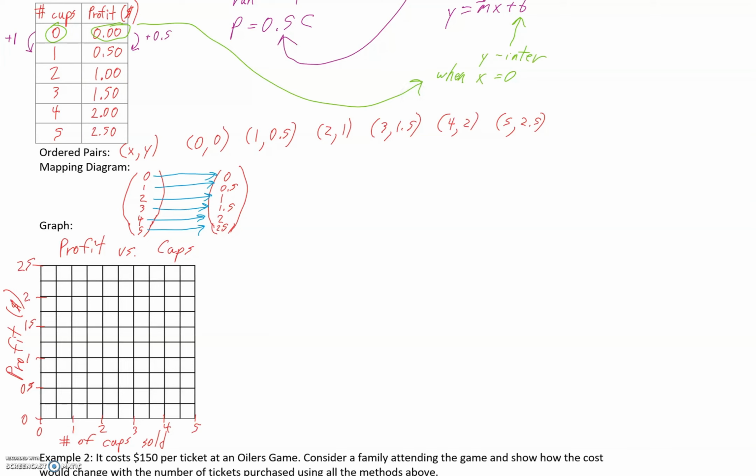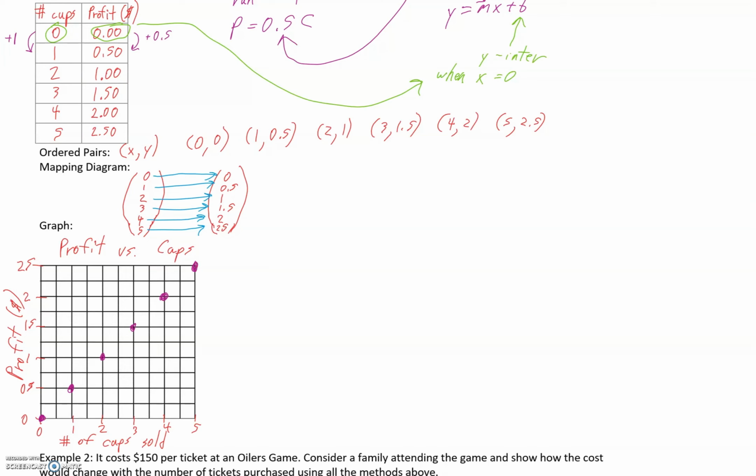So it works out pretty nicely. Now we're going to put our data on the graph. So 0, and then 1 to 0.5, 2 to 1, 3 to 1.5, 4 to 2, and 5 to 2.5.